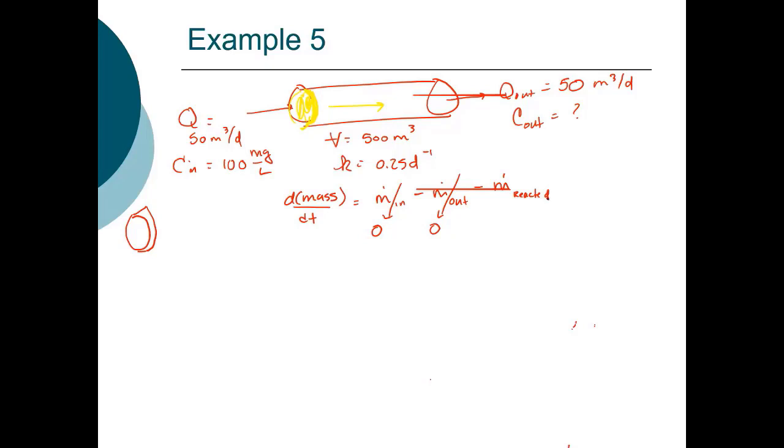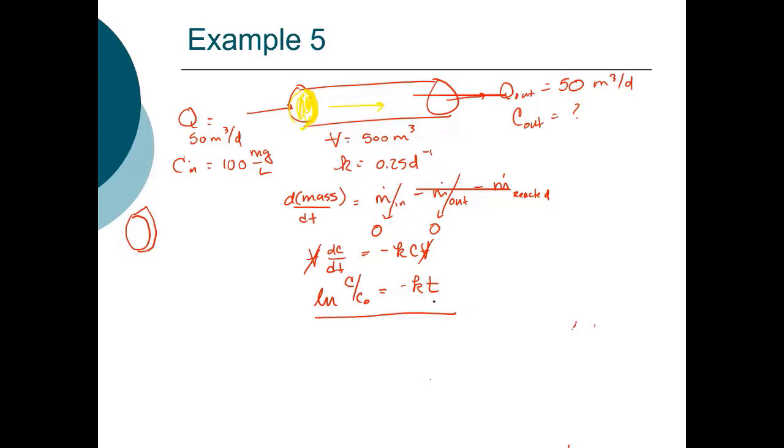And the only change is due to the reaction. So again, we have V dC/dt, because the volume of our parcel is unchanged, and that's equal to minus kCV. V cancels, and I'm just going to skip the step. Okay, so when we integrate, we end up with this expression here.